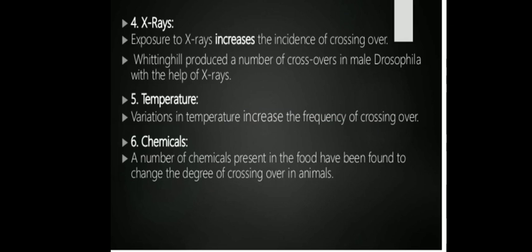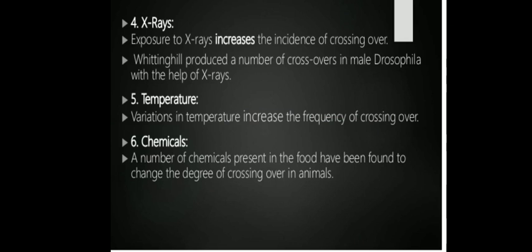Then the x-rays. Exposure to such radiations or x-rays increases the incidence of crossing over. Now temperature: as the temperature increases, the frequency of crossing over also increases, meaning crossing over completely depends on the temperature present.